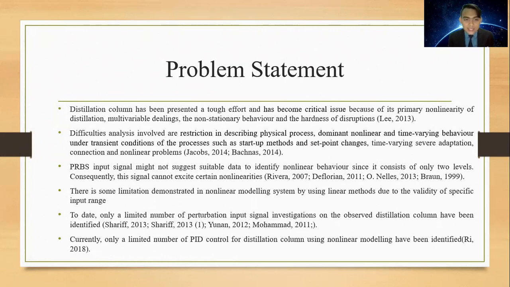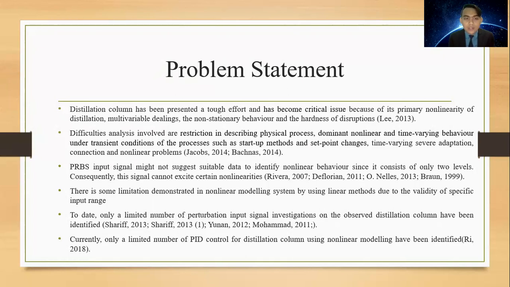Then, the PRBS input signal might not suggest suitable data to identify nonlinear behavior since it consists of only two levels. Consequently, the signal cannot excite certain nonlinearities. After that, there are some limitations demonstrated in nonlinear modeling systems by using linear methods due to the validity of a specific input range.